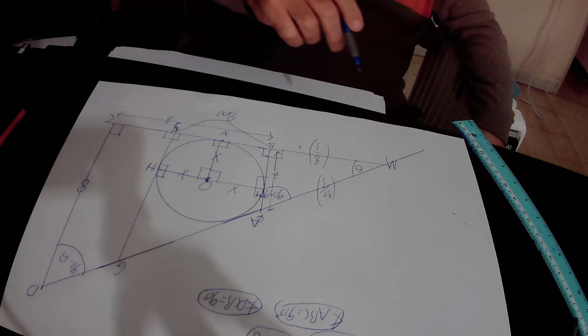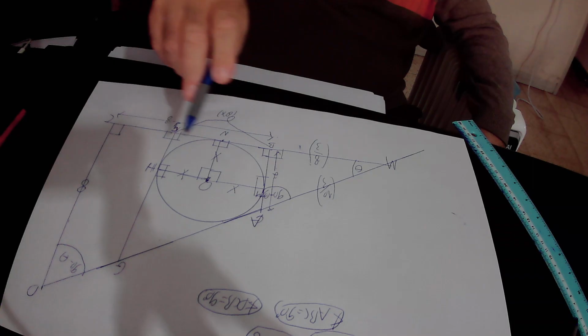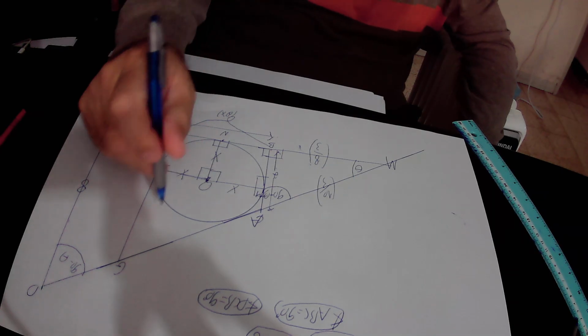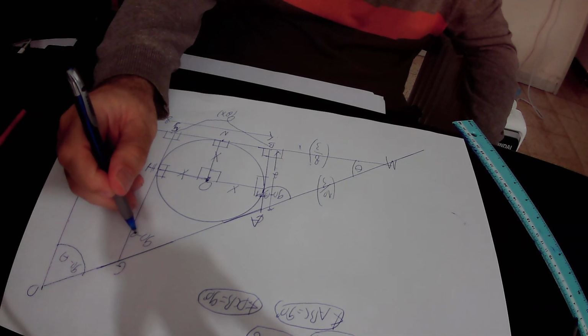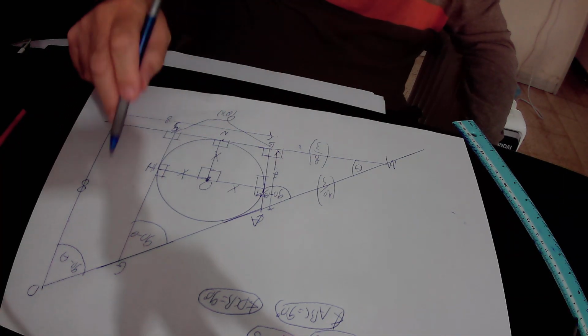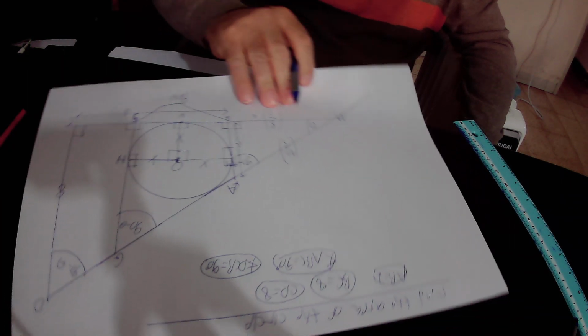In the next step, we'll focus on the right big triangle MGS. In the right big triangle MGS, this angle equals theta, this angle equals 90 degrees, therefore the missing angle must be equal to 90 degrees minus theta. In the next step, we'll prove that the big right triangle MGS is similar to the small right triangle MAB.